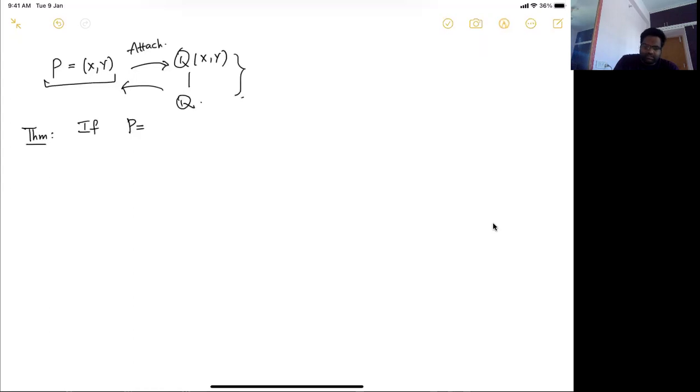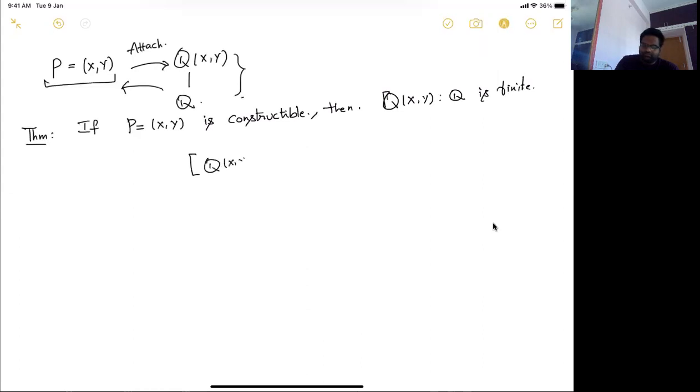So if P is my constructible point, then the degree of the extension Q(x, y) over Q is a finite extension with the degree of the form 2 to the power s, where s is some positive integer.